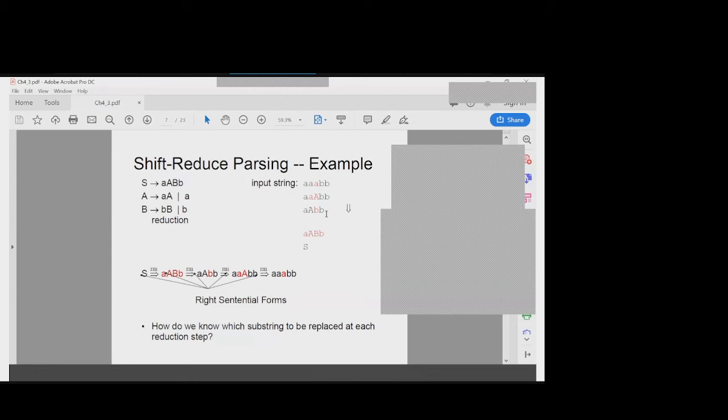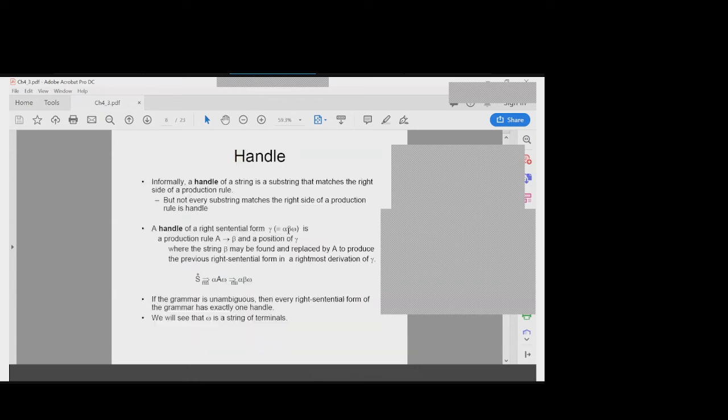So that is why you have to learn different parsing techniques, so that whenever you are following them, you just need to see the table and decide the action. Okay, so now here what we are actually going to do, we are finding the handle here. So what is a handle? A handle of a string is a substring that matches the right side of a production rule. So ultimately why we have to find a handle?